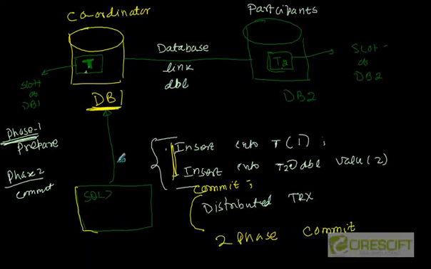So all of this is written, and then all of them send back an acknowledgement that the commit is complete. Once the coordinator receives that the commit is complete, it sends back to the SQL prompt, wherever I said commit, that the commit completed.